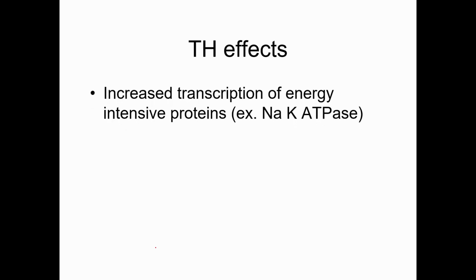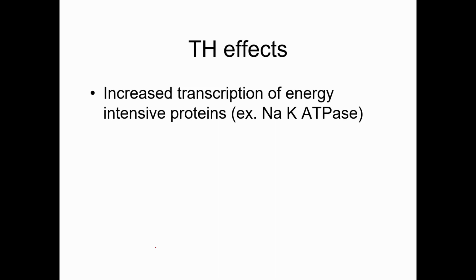So what does thyroid hormone do? Well, it transcribes things. So in the presence of thyroid hormone, and remember we think it's T3 that's really doing the work, you have an increased transcription of what I would call energy-intensive proteins. And a very, very energy-intensive protein would be the sodium, potassium ATPase.